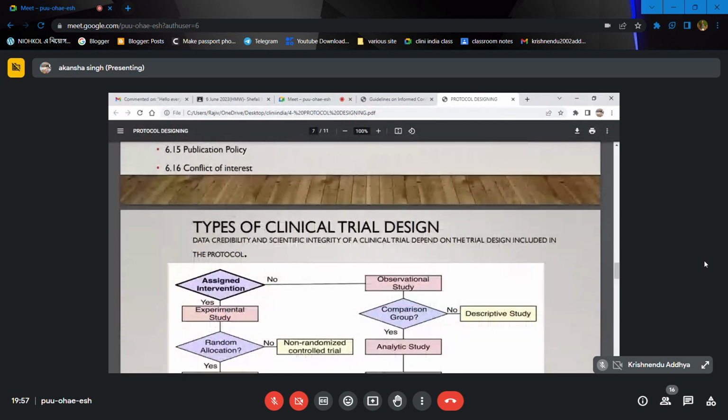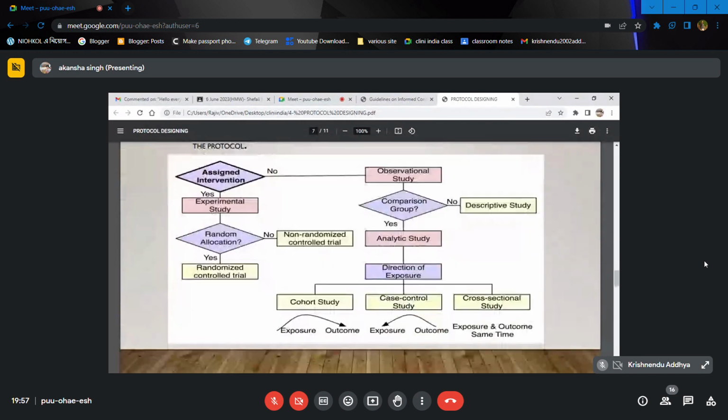Now, type of clinical trial design. If we are giving an intervention, or drug therapy or any kind of medication, it becomes an intervention. Observation is what you are observing; you are not giving any medication. Suppose in the protocol it is written intervention. If yes, intervention, then it will be an experimental study.